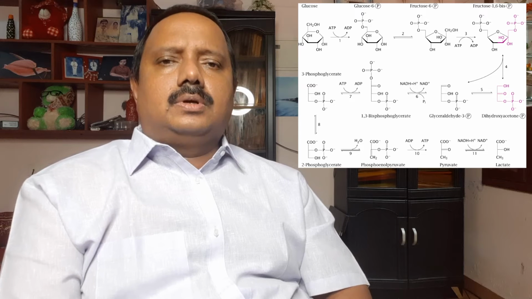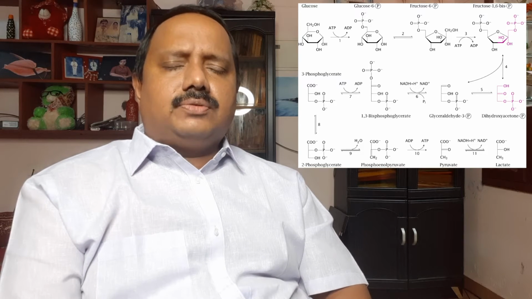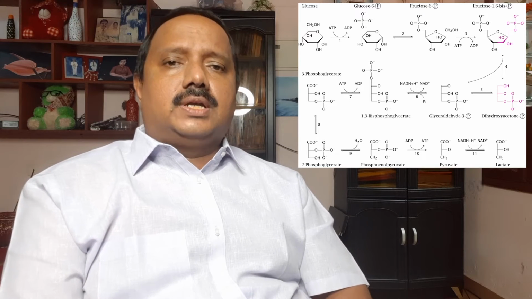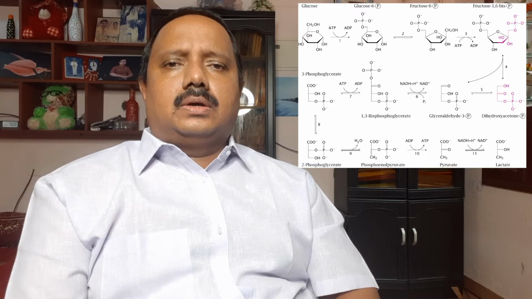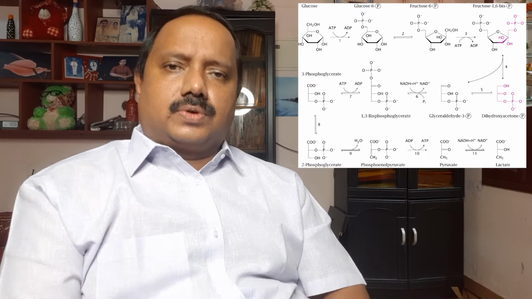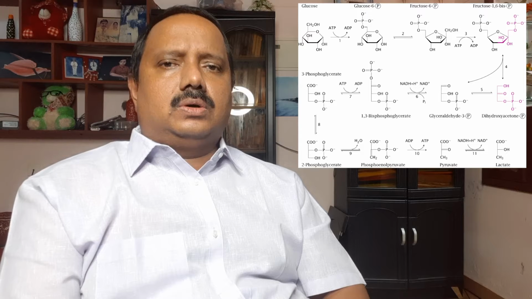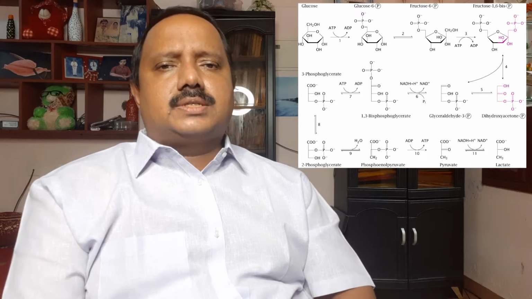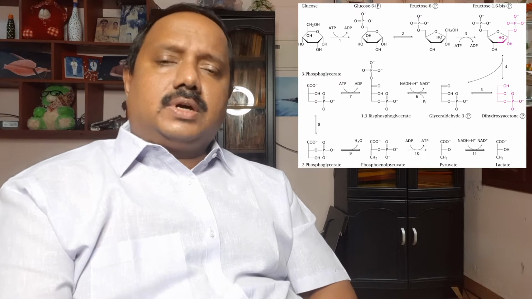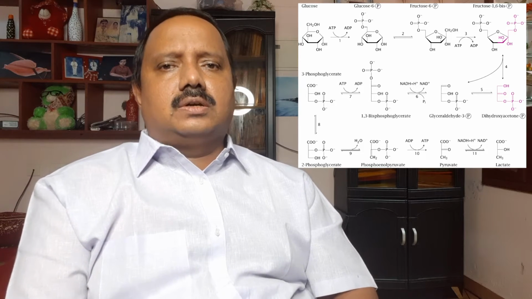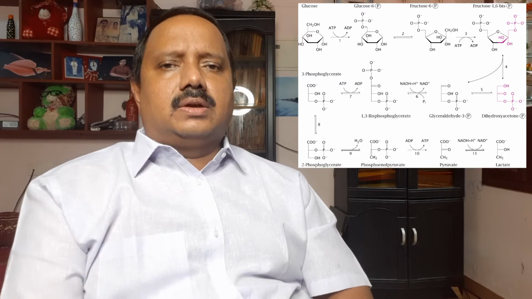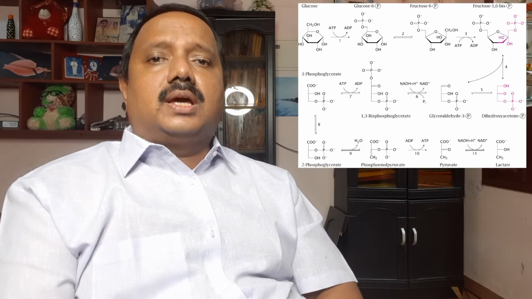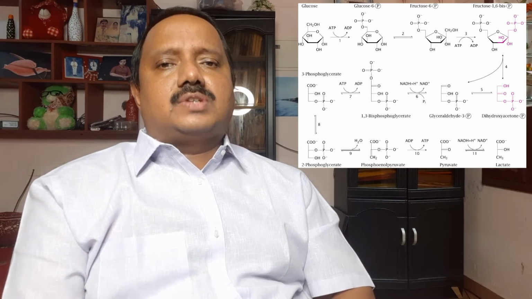In the next step, the fructose 1,6 biphosphate is converted into one molecule of 3-phosphoglyceraldehyde and one molecule of dihydroxyacetone phosphate. 3-phosphoglyceraldehyde or 3-PGAL is an aldehyde, and in the next step, this 3-phosphoglyceraldehyde is converted into 1,3-biphosphoglyceric acid with the release of hydrogen, which is utilized for the conversion of NAD into NADH, and utilization of one phosphate group from the cytoplasm.